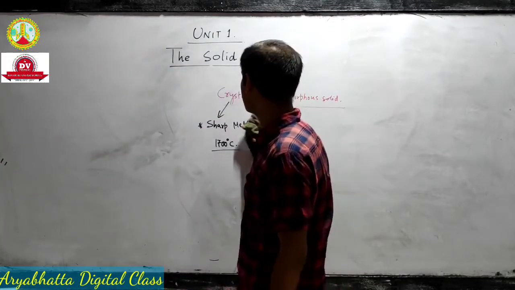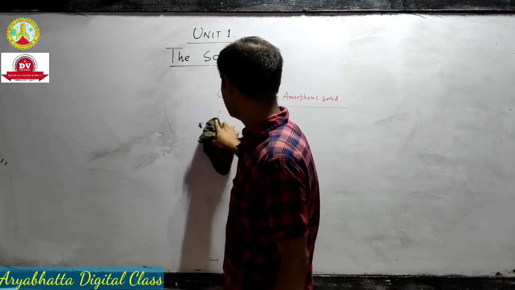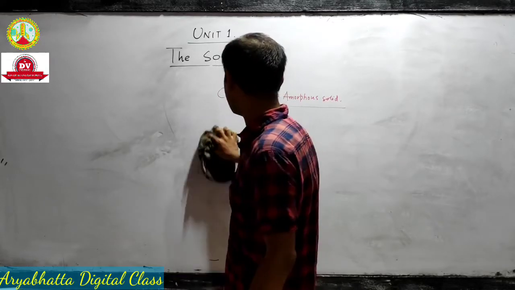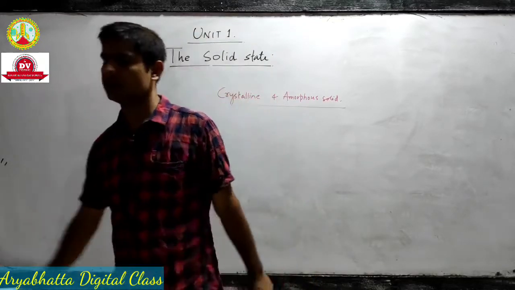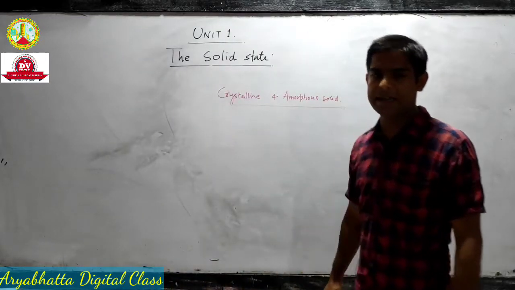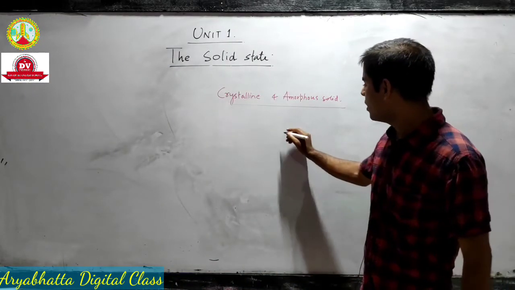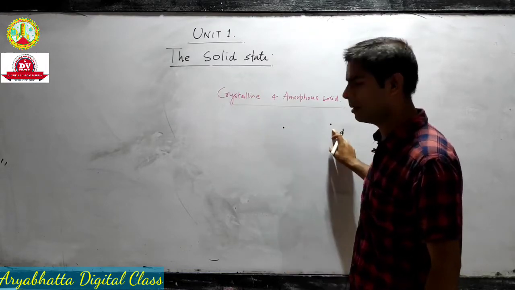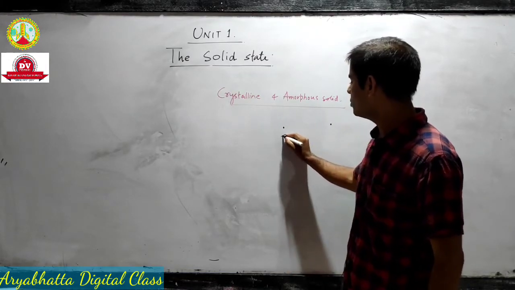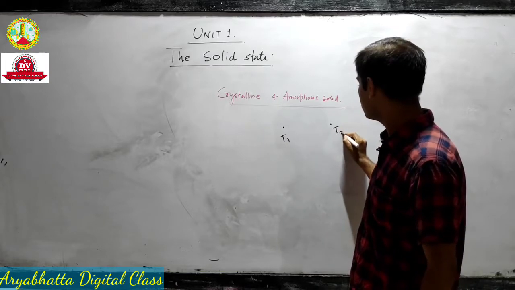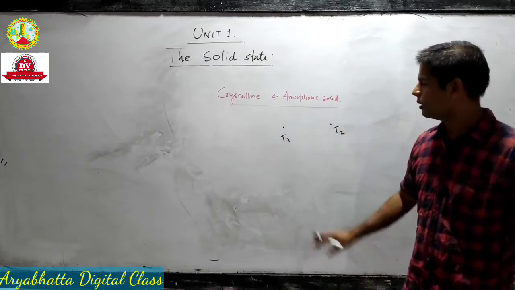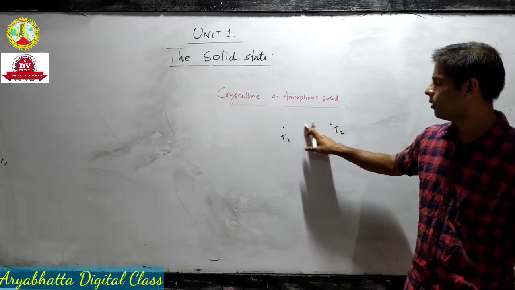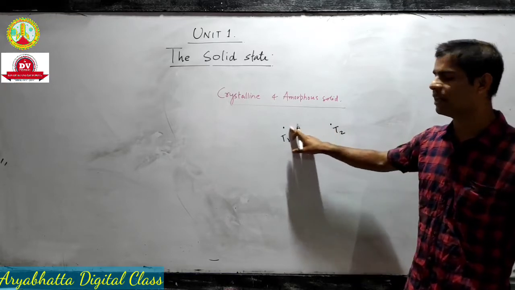But there are a few solids which do not have a fixed temperature for melting. They have a range for their melting point. Suppose a temperature T1 and a temperature T2. They will melt within this range.